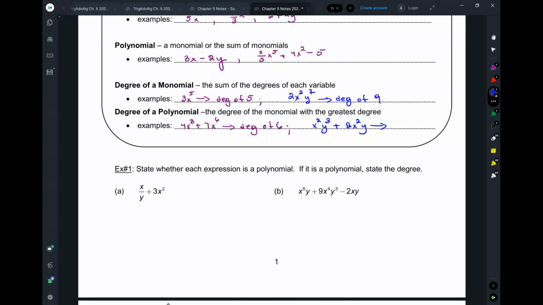This monomial has a degree of 3. Together, the higher number is 5, so this has a degree of 5. Before I take your question, notice the highest degree is not always the first exponent, right? So just watch out for that.